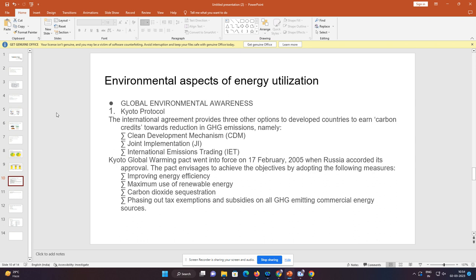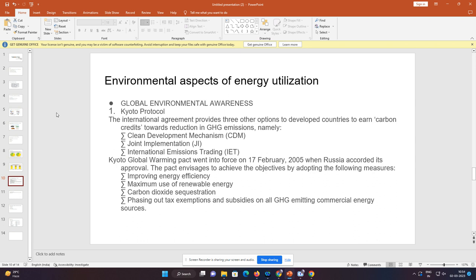It recognized the necessity of some developed countries and permits them to emit higher than the level in the year 1990.